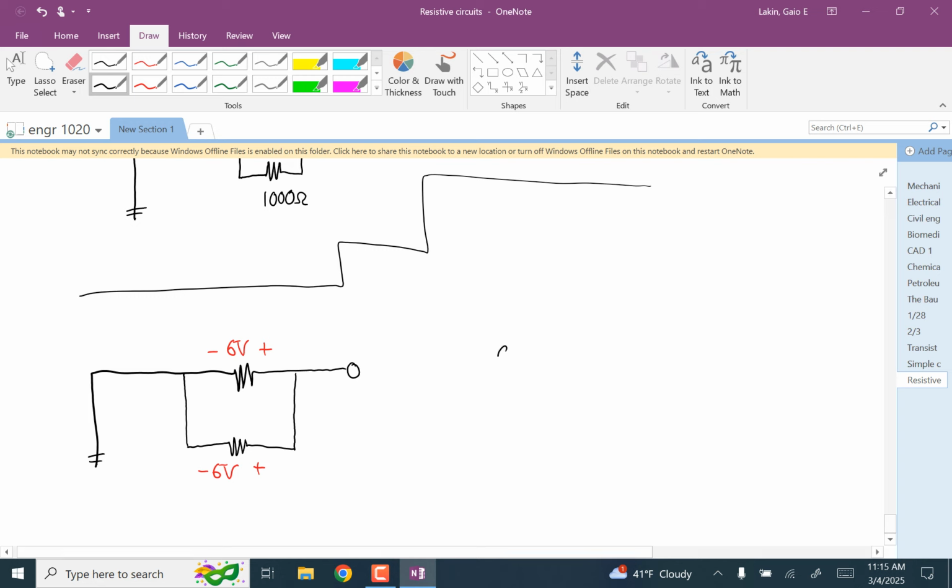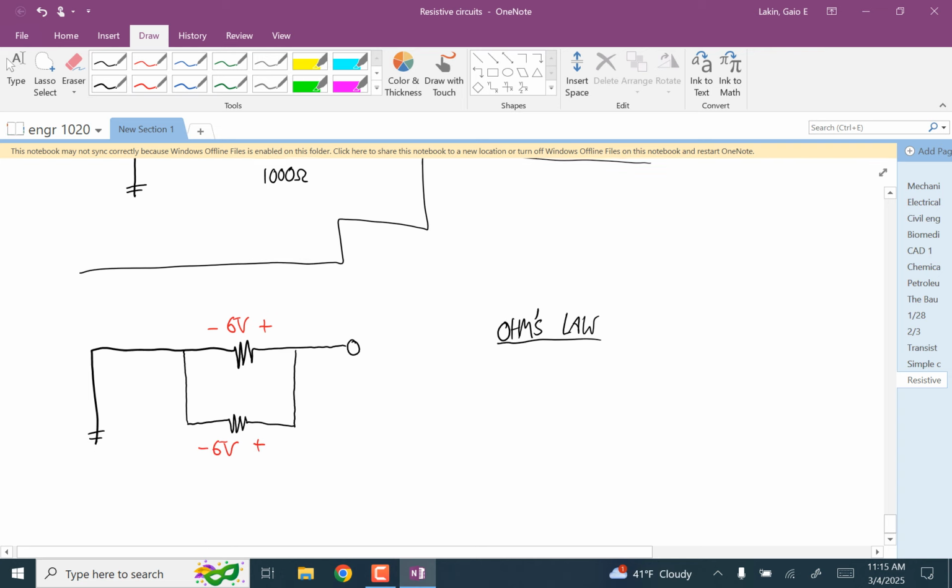And now we're going to use Ohm's law. So for the 100 ohm resistor, the voltage across the 100, which is 6, is equal to the resistance, 100, times the current across the 100 ohm resistor.